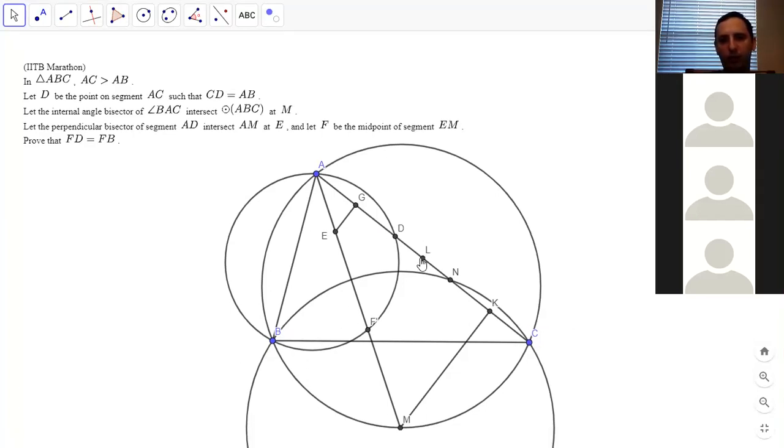And once we know that, AG is equal to GD is equal to NK is equal to KC.